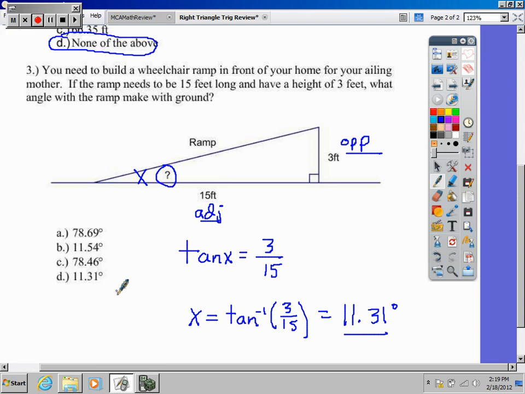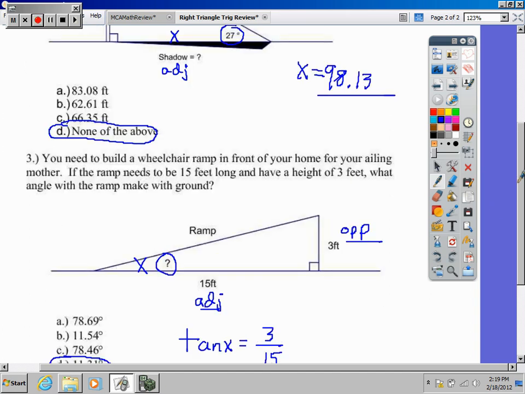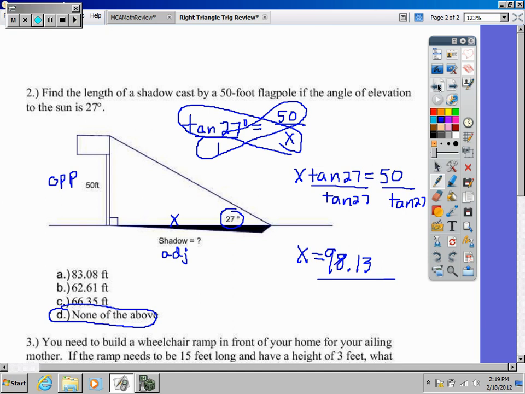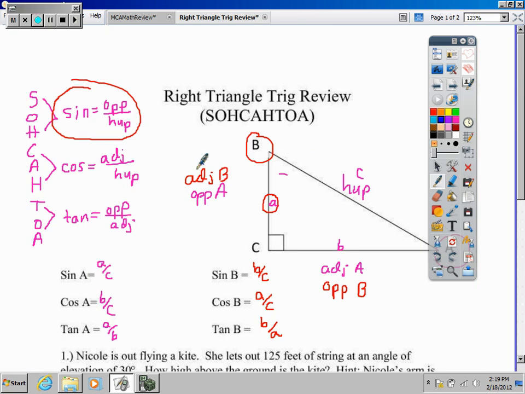That's what gets me the tan inverse of 3 divided by 15. And when I do that, I would end up with 11.31 degrees if I rounded. I will then look at the answers that are listed, and I see that the correct answer would be D.